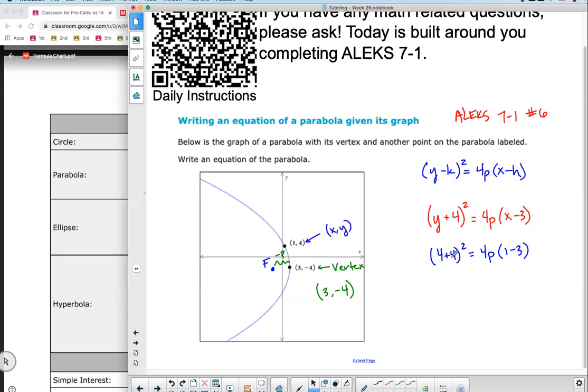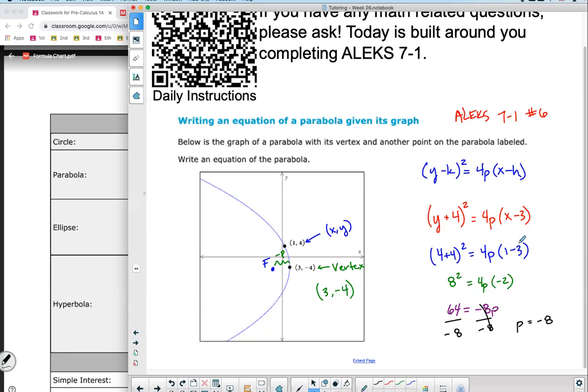Let's start solving this. 4 plus 4 is 8, and over here I have 4p times (1 - 3), which is -2. 8 squared is 64. 4 times -2 is -8. To isolate p, I divide by -8.